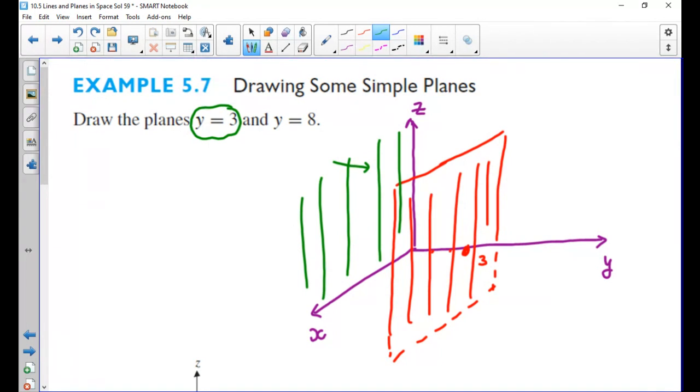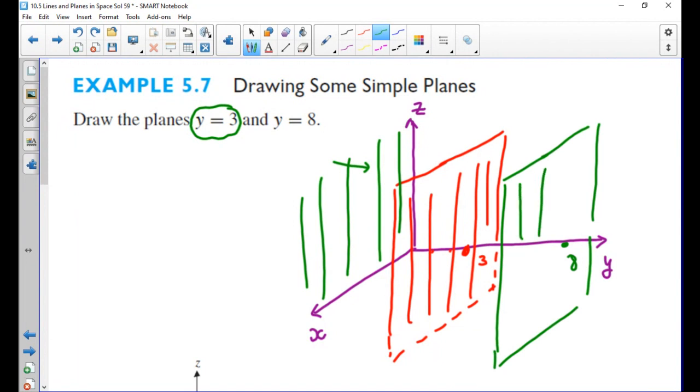How about y equal 8? It's the same thing, but at the point y equal 8 here, it will be a plane like this, also parallel to the others.